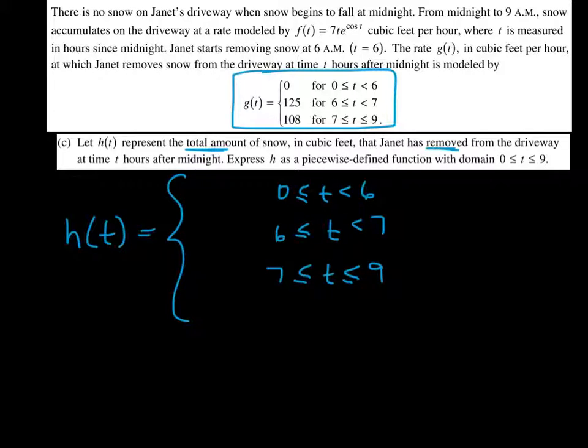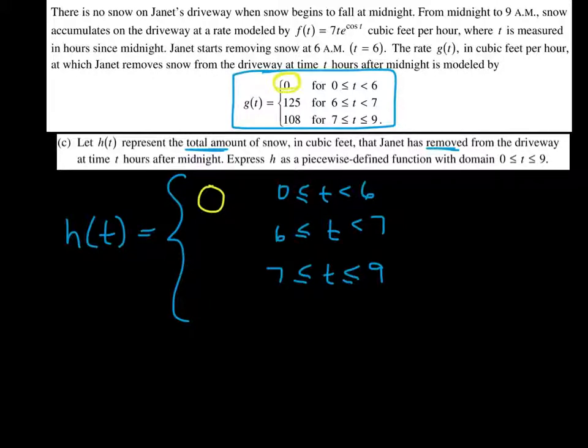All right, well, the first one's really easy because from 0 to 6, if she's removed it at a rate of 0 cubic feet per hour, then how much has she in total removed? Well, I would be able to safely say that she's removed none. Okay, she starts removing it at 6 a.m. and from 6 to 7 she's removing it at a rate of 125 cubic feet per hour.